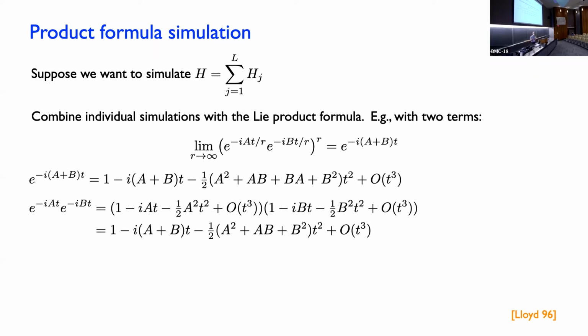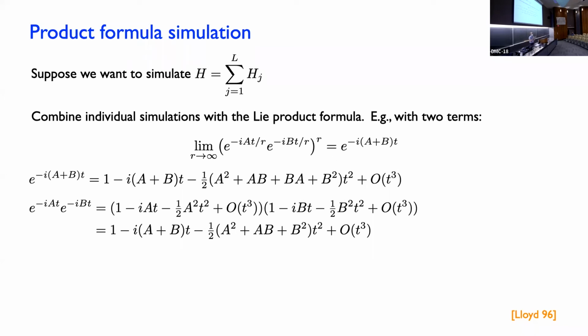And you see that it's not exactly the same as the exponential of the sum, right? In the exponential of the sum, I have the second order term A times B and B times A both appearing. But if I have A on the left and B on the right, then I only get the terms in the order A times B. Whereas I had one half of AB plus BA in the Taylor series of the exponential of A plus B, I think there's maybe a factor of 2 missing.